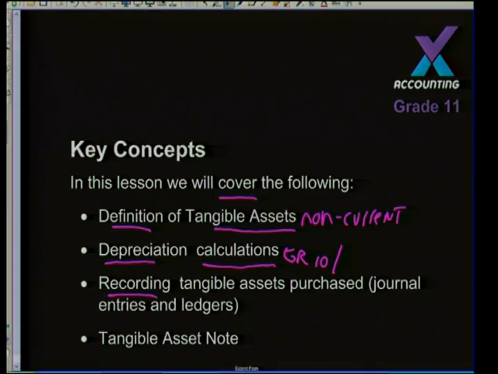Then recording tangible assets that were purchased by the business. Here specifically we're going to look at journal entries, as well as how they affect your general ledgers. And then we're going to touch on the tangible asset note that appears in your balance sheet.